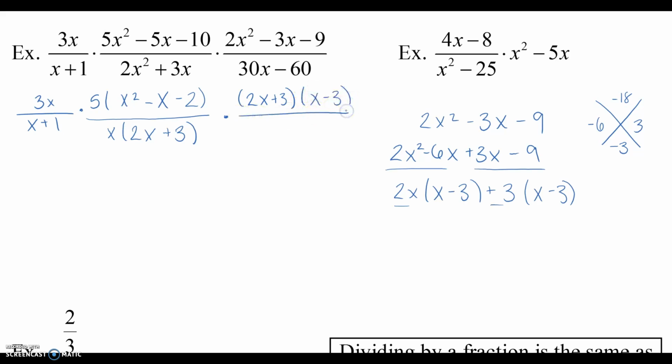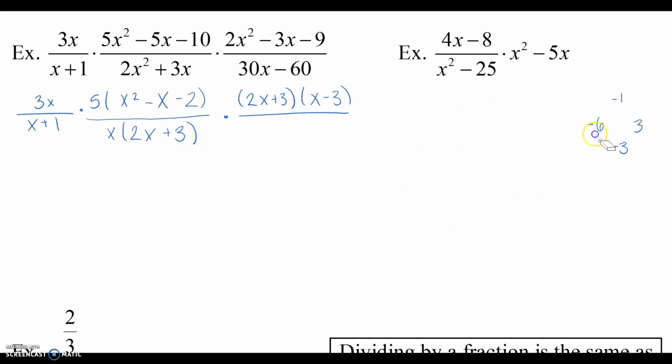And then my denominator can factor out 30. And we're left with x minus 2. So now is the fun part where you kind of get to go around and cancel things. So, oh, just kidding. I need to factor this a little bit more. So 3 over x plus 1 times 5 times what multiplies to negative 2 and adds to negative 1, x minus 2 times x plus 1.